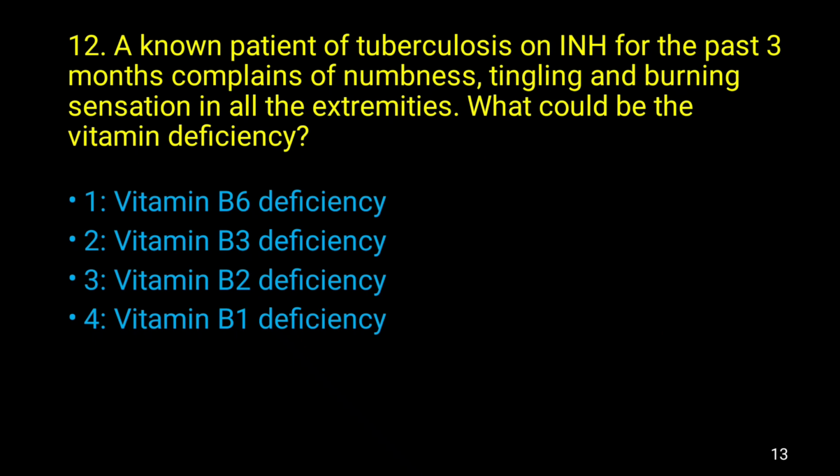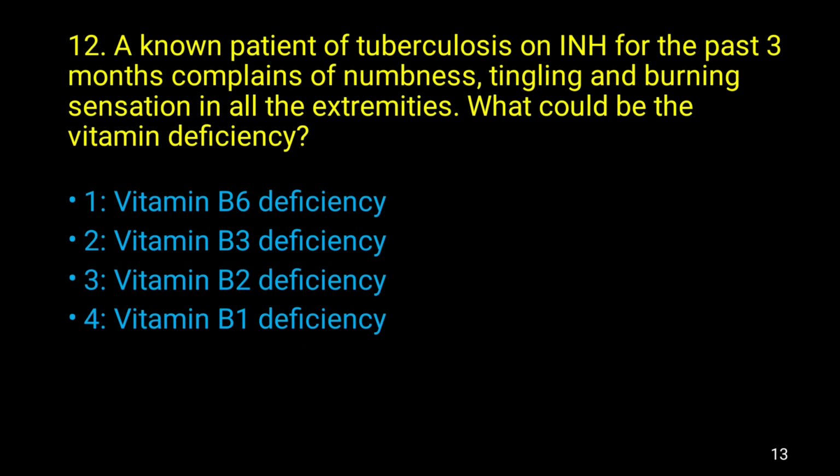Now B6 is basically required for protein metabolism, and its deficiency can lead to disorders related to B6 reactions inside our body. Numbness, tingling and burning sensation are related with CNS involvement, and B6 deficiency is also related with the formation of different neurotransmitters, and it can also affect protein metabolism.